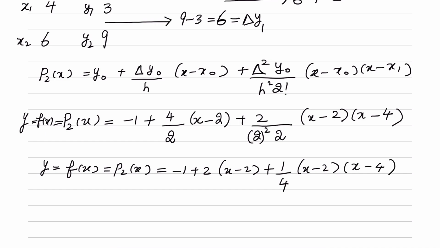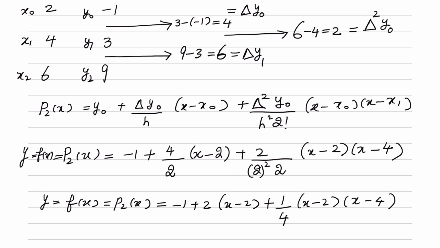So this is how we construct the polynomial by using the forward differences method, or it's also called the Gregory-Newton forward interpolation method. After constructing the polynomial, we can verify that this polynomial is correct. Our x values are 2, 4, 6 and y values are minus 1, 3, 9.